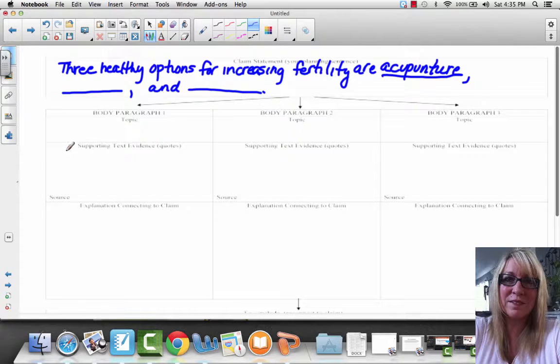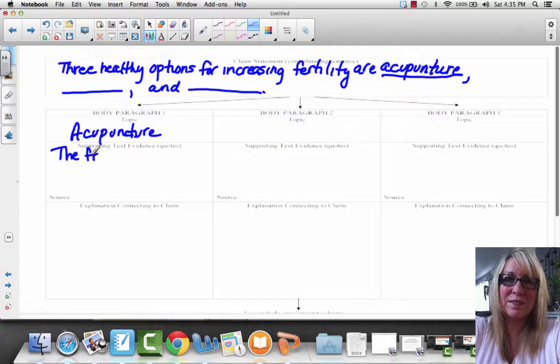Okay, so body paragraph number 1. So in our first paragraph, we're going to talk about acupuncture. So we need to have a transition.